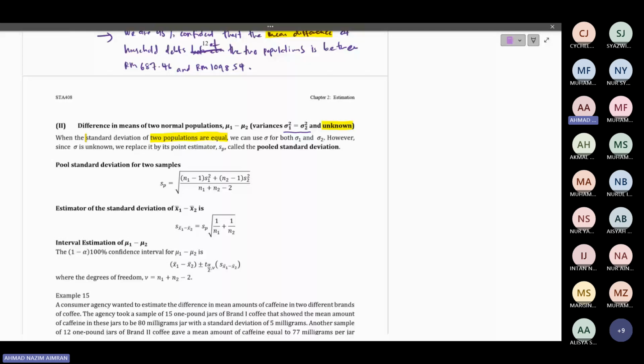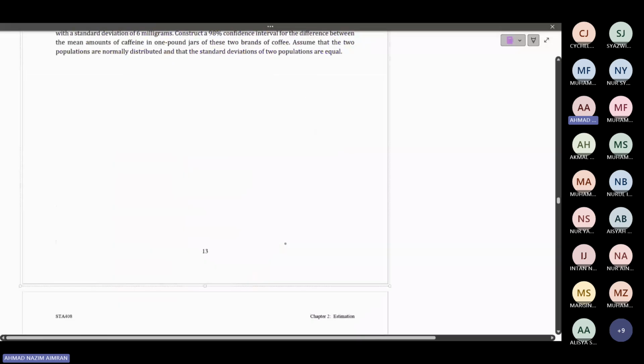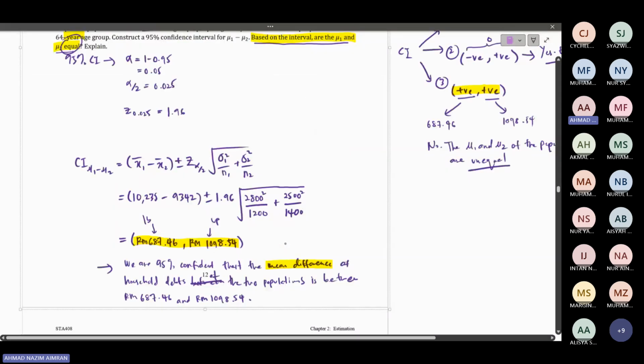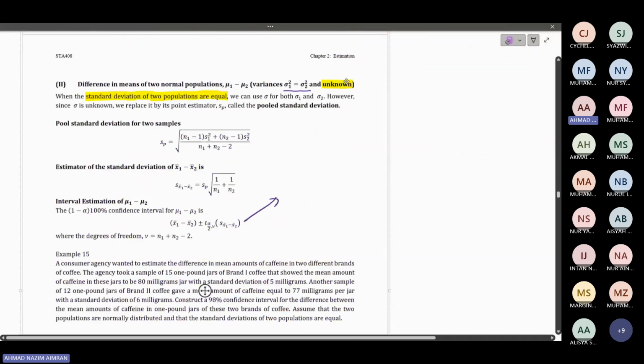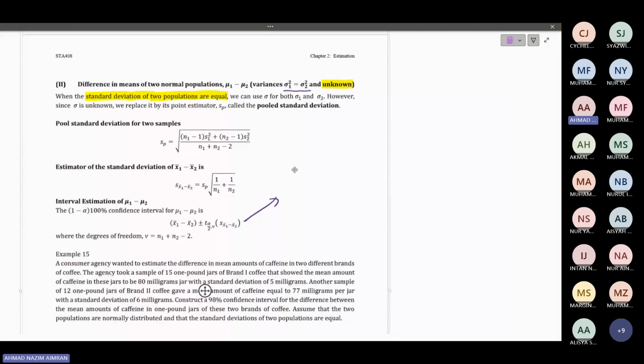So bila equal, you need to use this formula. I think it is better for us to rewrite the formula so that you won't get confused. So the formula for this one, just use the expanded version lah. I call it an expanded version of the formula.